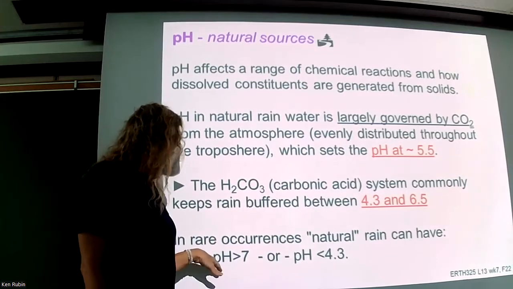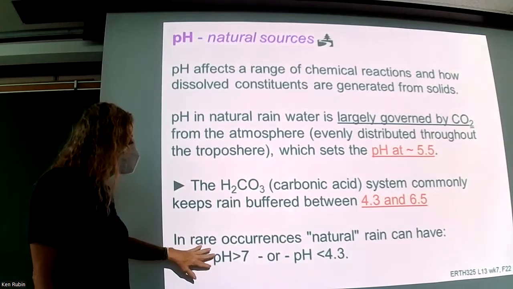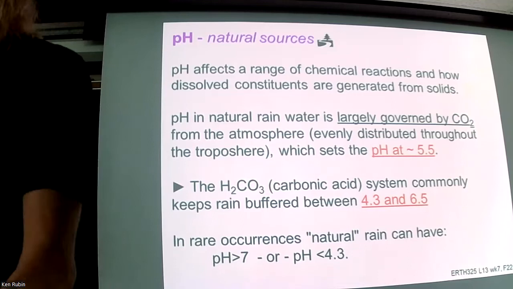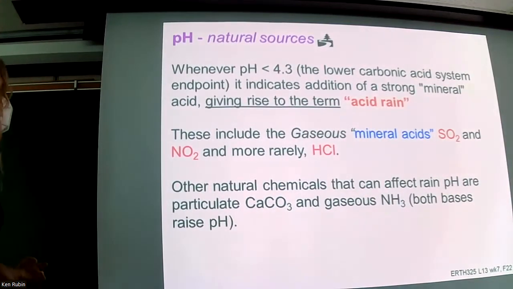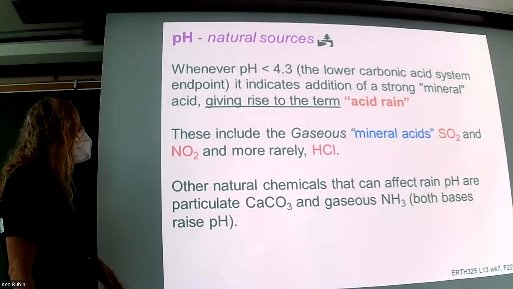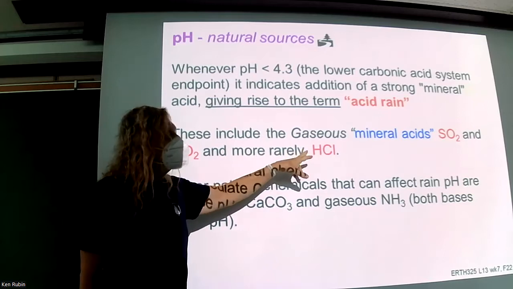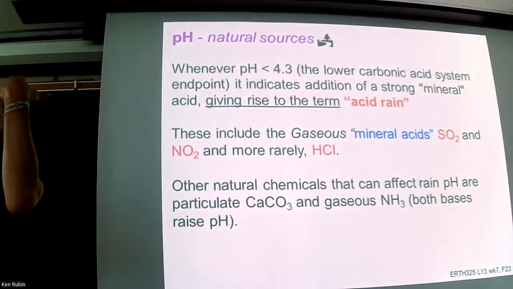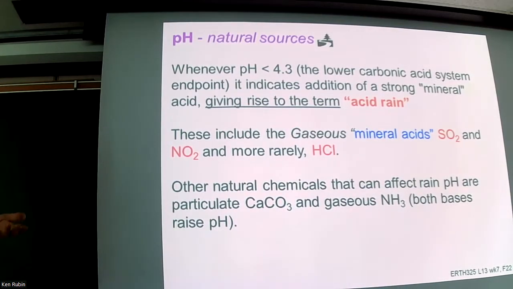And so we can find this naturally, for instance here in Hawaii, locally, but the vast majority of acidic rain that we find falling on the planet today is from anthropogenic impact. These anthropogenic impacts are the addition of what we call mineral acids. So SO2, sulfur dioxide, which oxidizes in the atmosphere to SO3, which then dissolves in the water to make sulfuric acid.